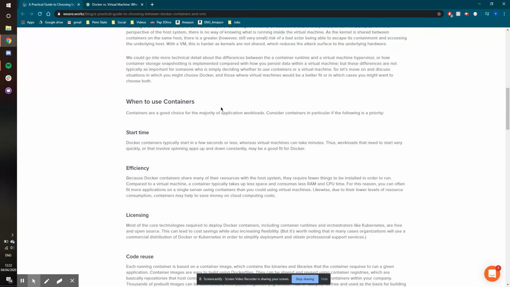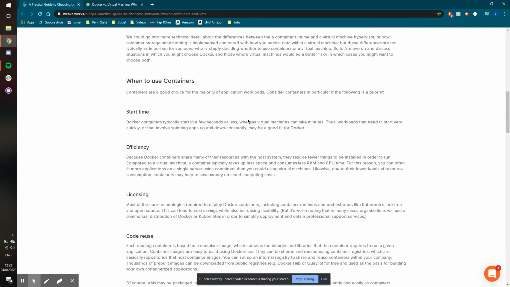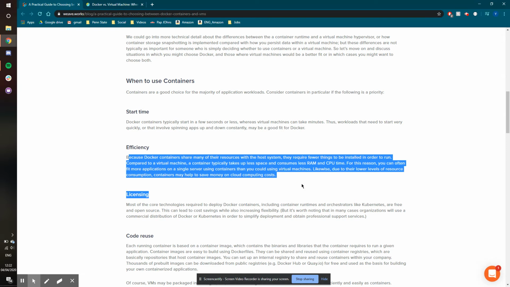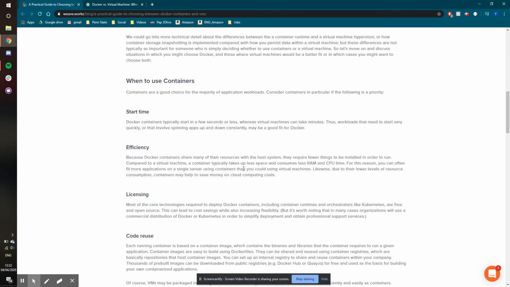And with efficiency, as I was saying, a virtual machine will take much longer to load. And as you can see here, a container can load these in seconds due to using less RAM and therefore less CPU time.